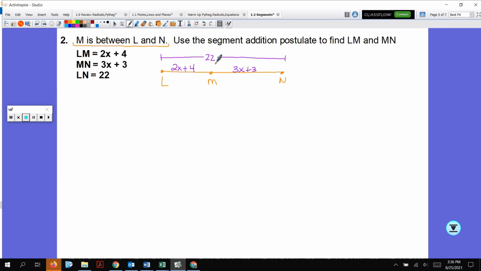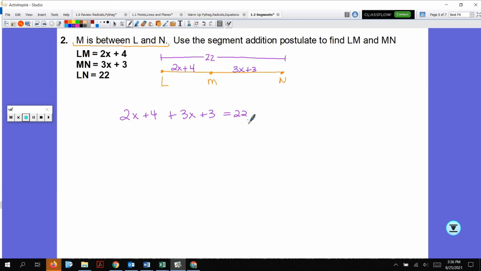So using segment addition, we're going to take this segment and we're going to add this segment and we're going to set it equal to the entire thing. So 2x plus 4 plus 3x plus 3 is equal to 22.